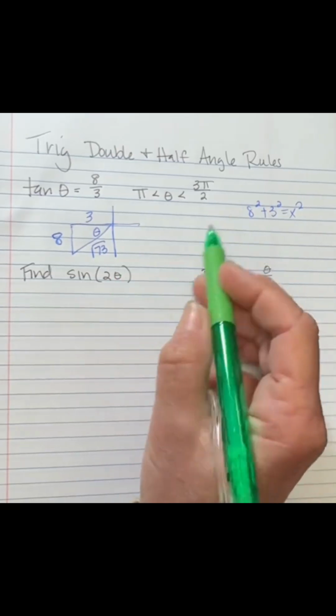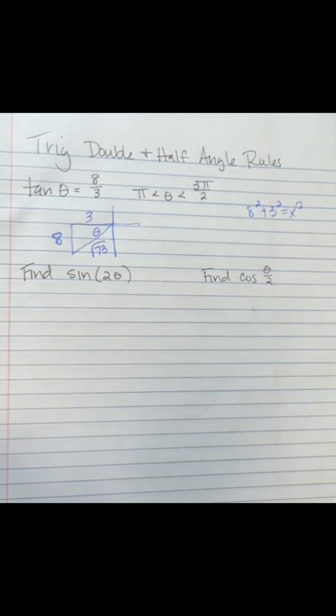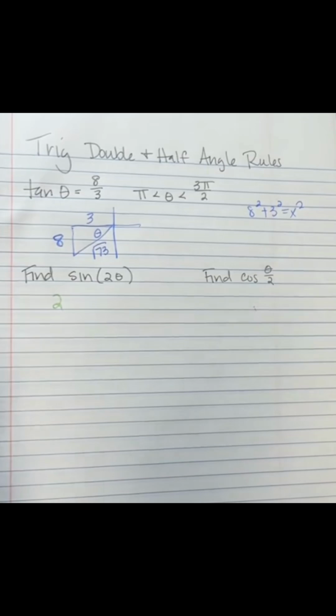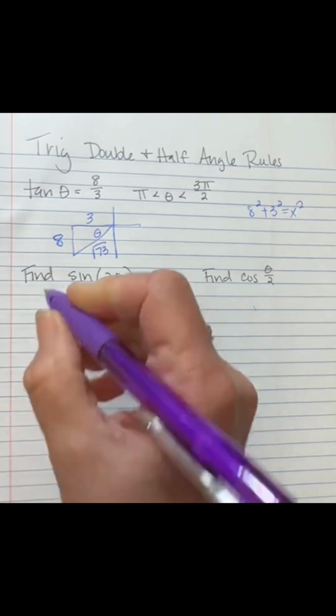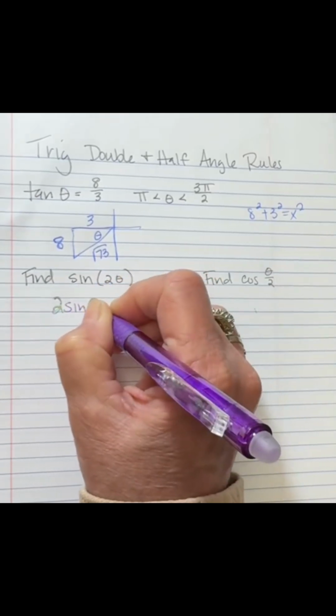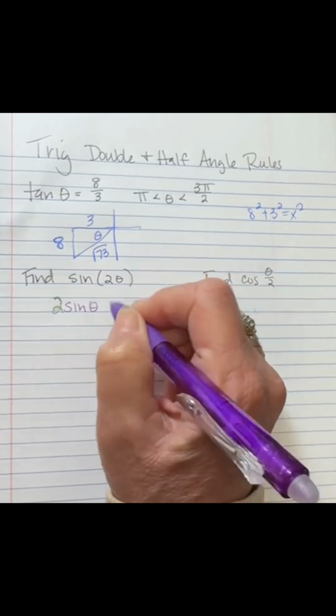Okay, that needs to stop. All right, so the sine 2 theta is 2 times the sine of theta cosine theta.